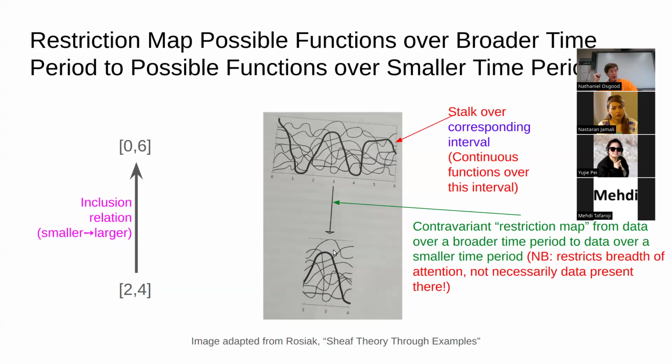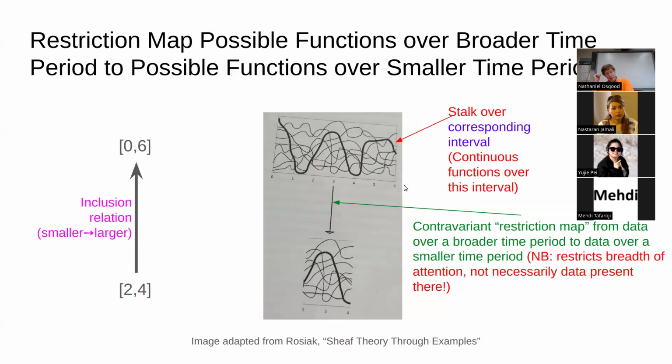And one of the things that Daniel Rosiak, the author, emphasizes is that in the subinterval 2 to 4, there's less time in which things could go wrong with the function.